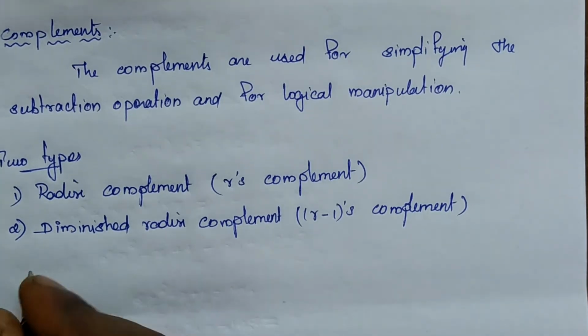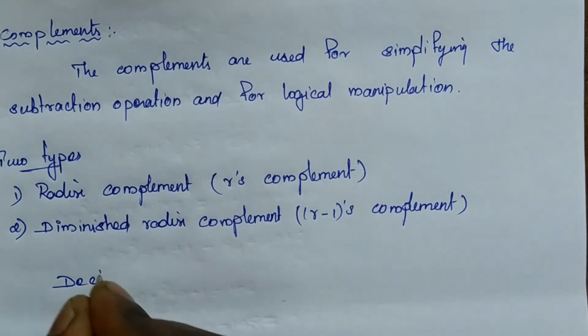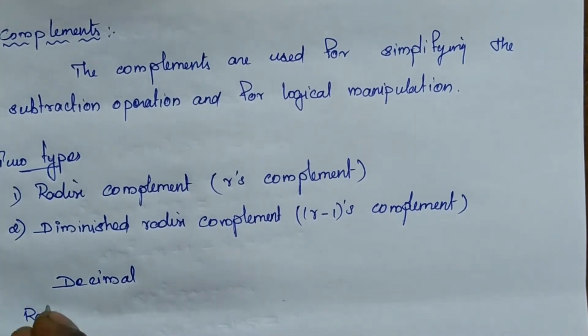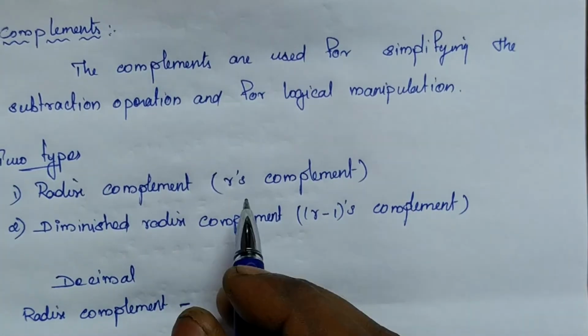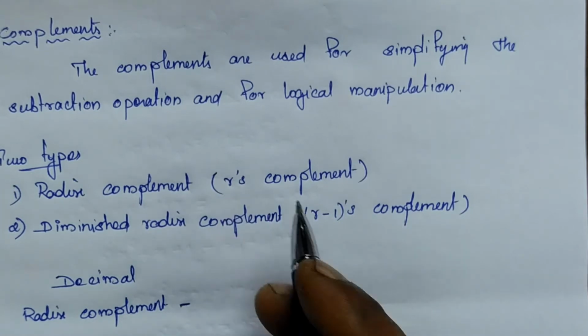So for example, if you are considering for decimal, the radix complement is also called as, for decimal number system, this R base is nothing but 10.